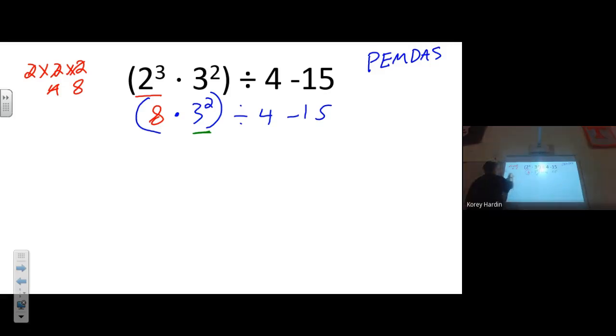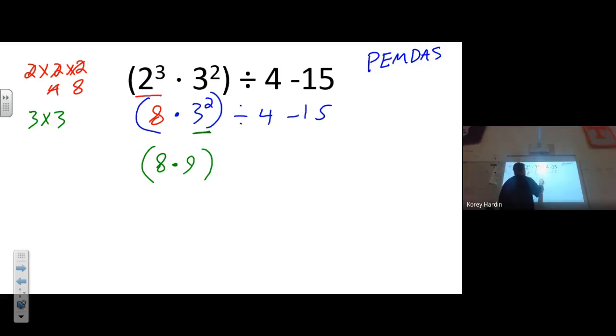So I go over here in expanded form. 3 times 3 is going to be 9. So I leave my parentheses. 8 times 9. Remember that dot means multiplication. Divided by 4 minus 15. Now, I can't move on because I still have parentheses. I've got to get rid of those parentheses.